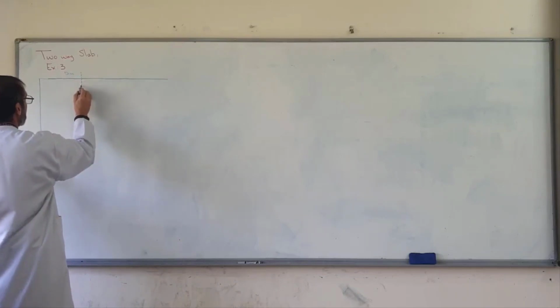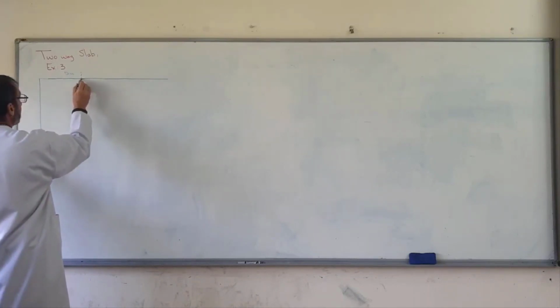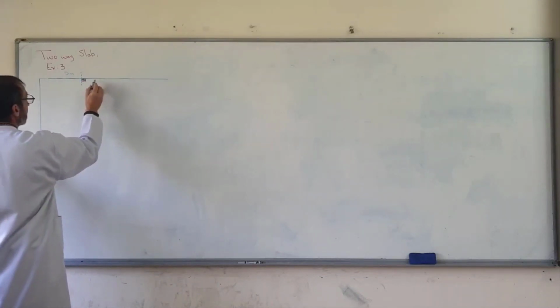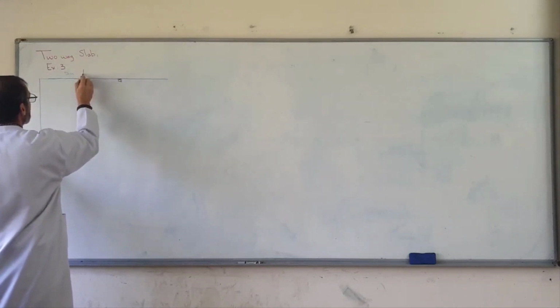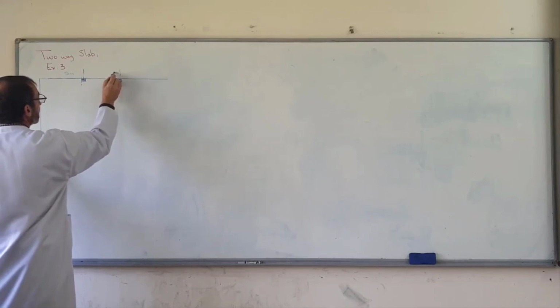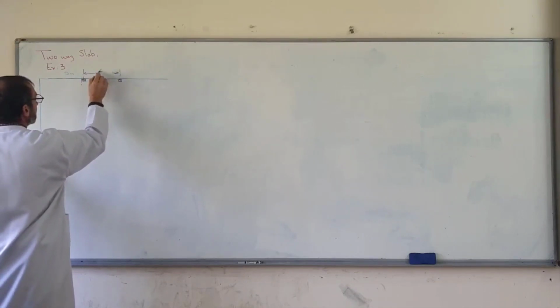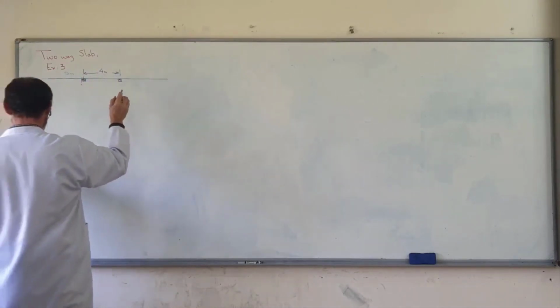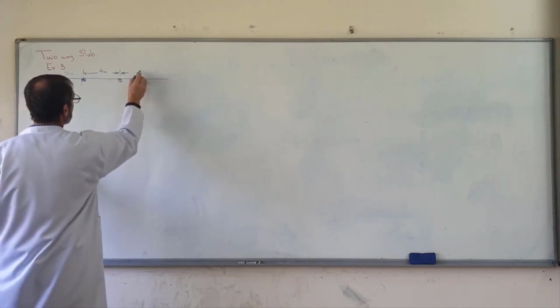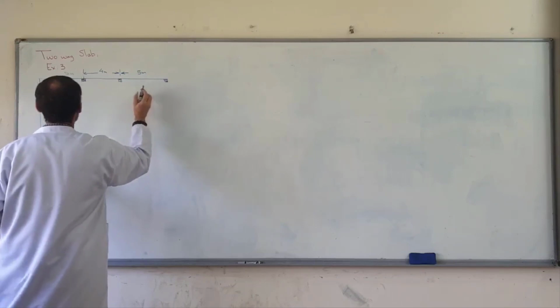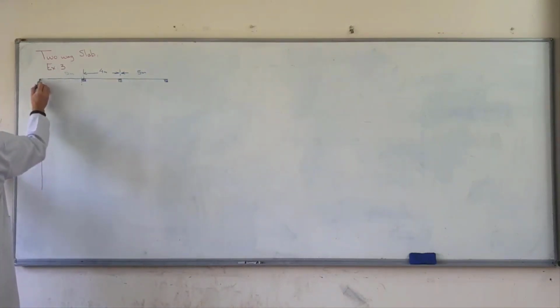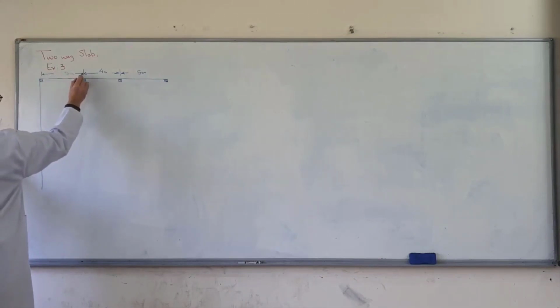We have a column here, and a column here. From center of the column to center of the column is 5 meters.